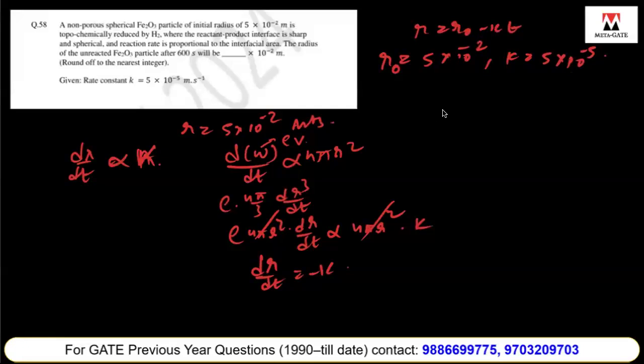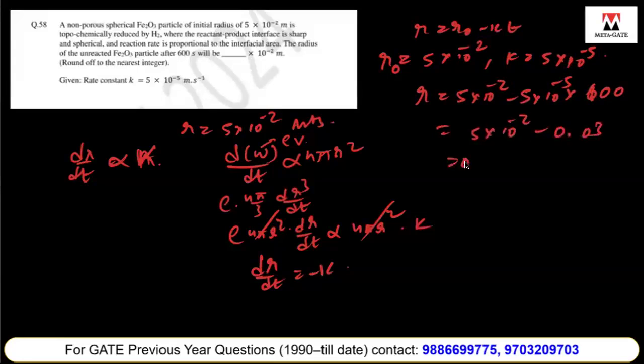It's given, the k value is given. So r is equal to 5 into 10 power minus 2 minus 5 into 10 power minus 5 into 600 seconds. This is equal to 5 into 10 power minus 2 minus 0.03, which is 0.02 meters. It is 2 into 10 power minus 2 meters.